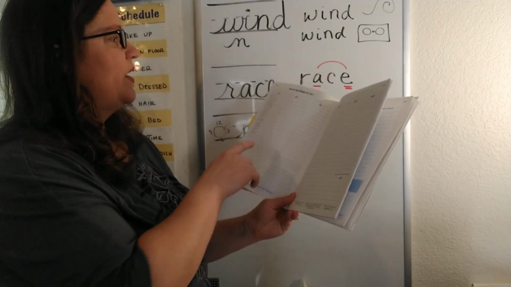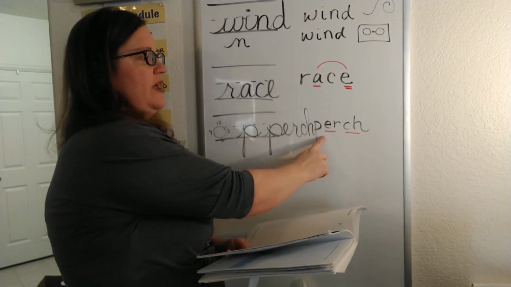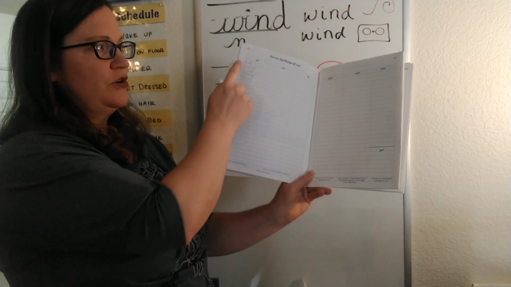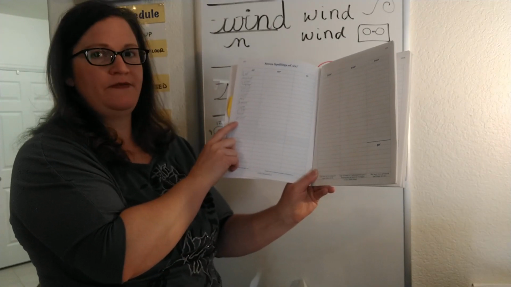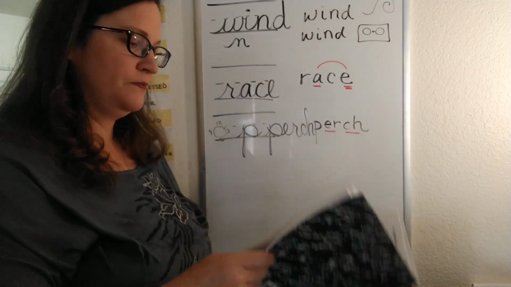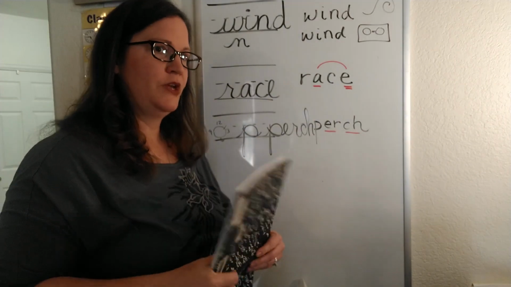And then the ar of martyr. Okay, so we have the er of her. You can go ahead and add perch to your column. Perch on B5. Good? Got it?